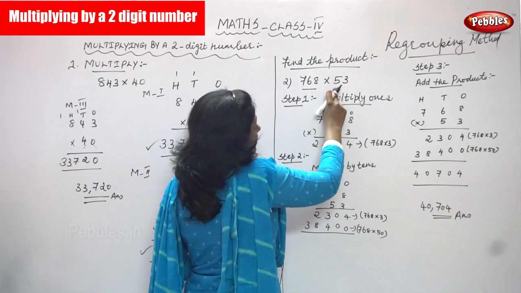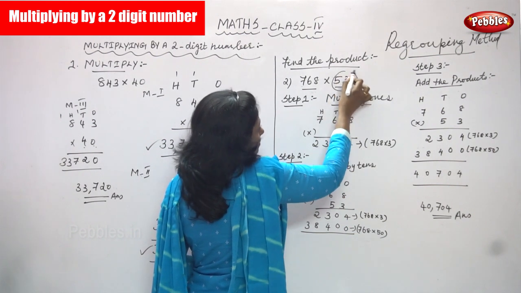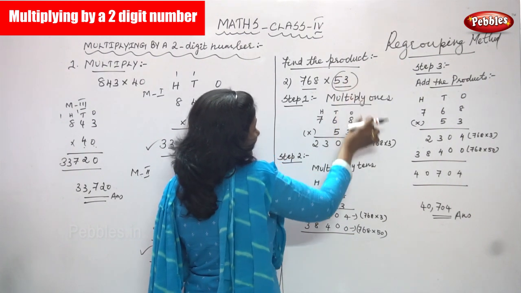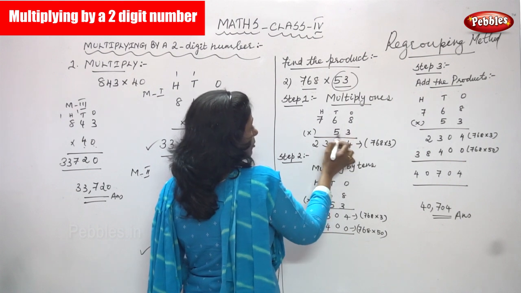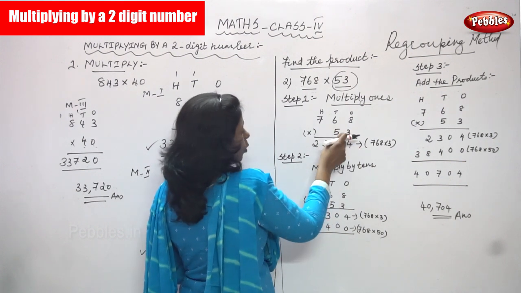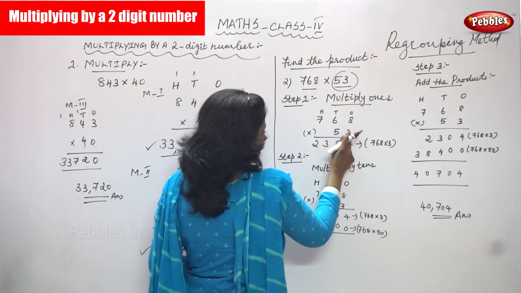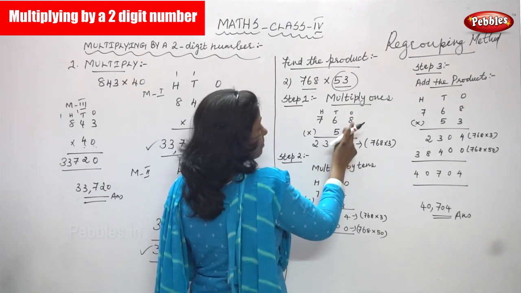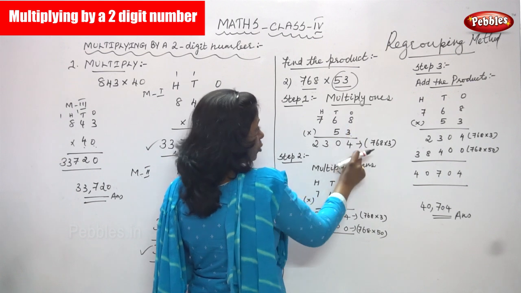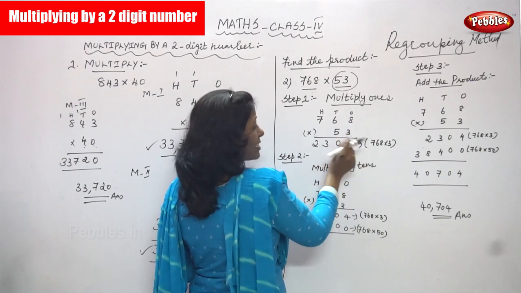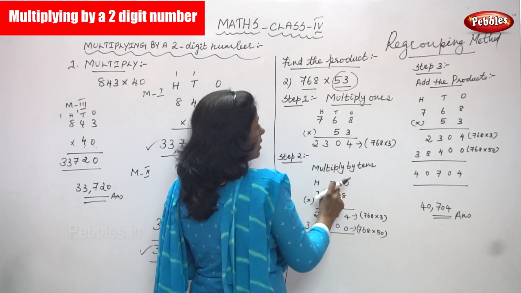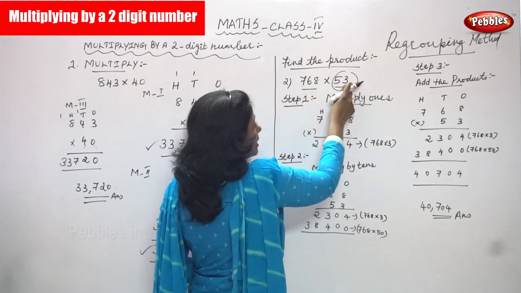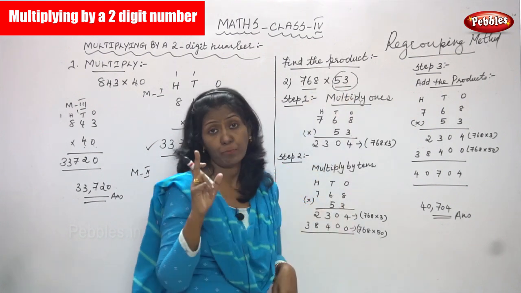768 into 53. We are multiplying by a 2-digit number, so I concentrate on 53, which has ones and tens. Step 1, multiply by ones; step 2, multiply by tens. First you multiply by the ones place value. What is the number in the ones place? That is 3. So 768 is multiplied by 3. That is step 1.